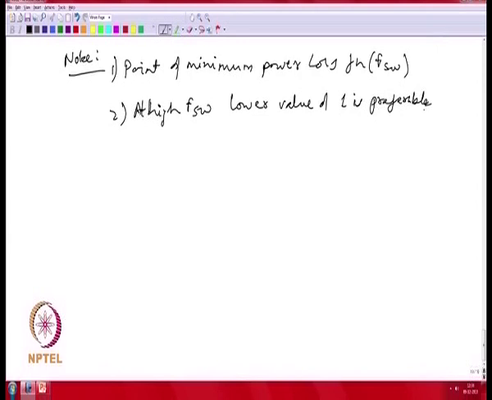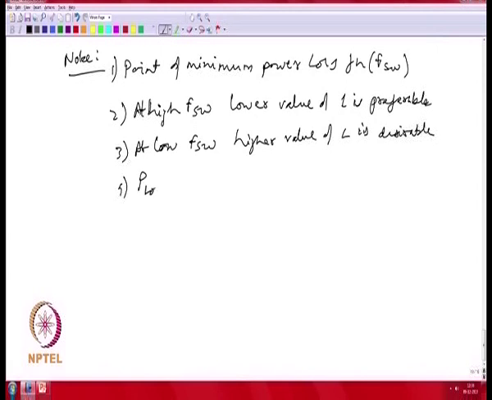So, we saw that at 16 kilohertz your preferable L was closer to the 4% range. And the power loss in the filter reduces as the switching frequency increases.